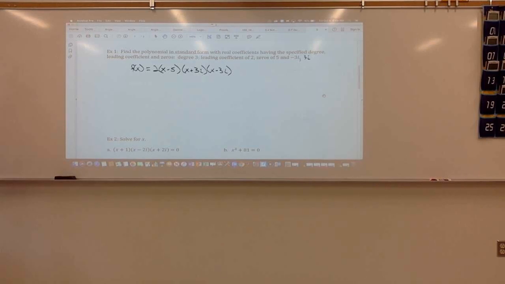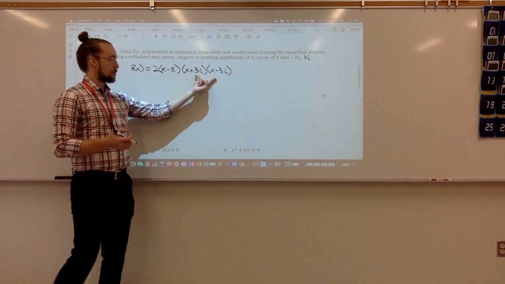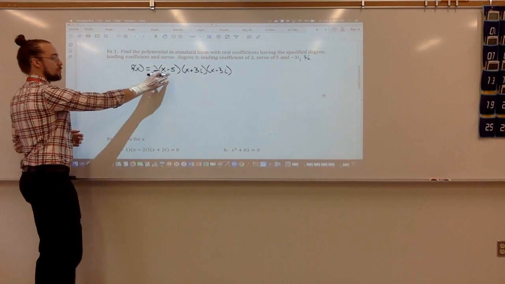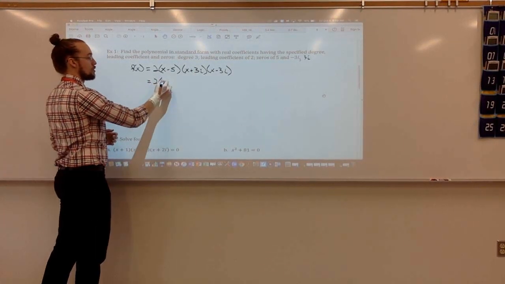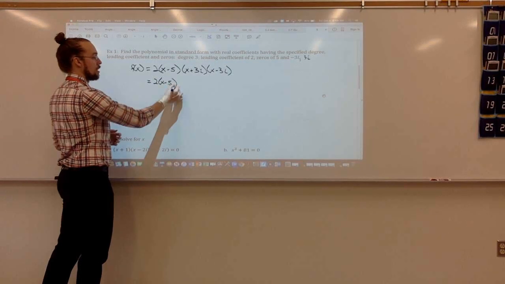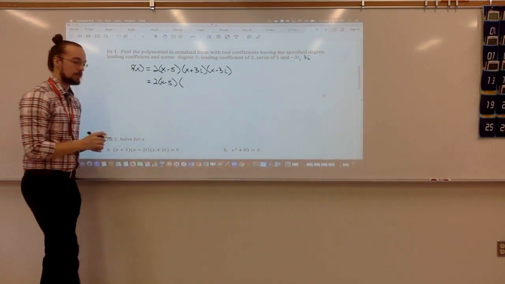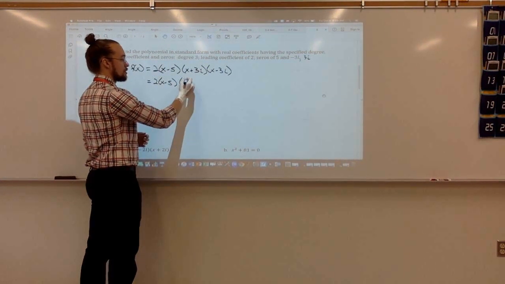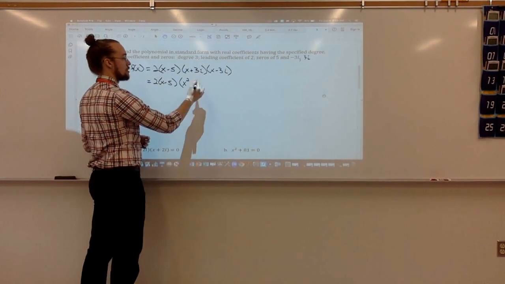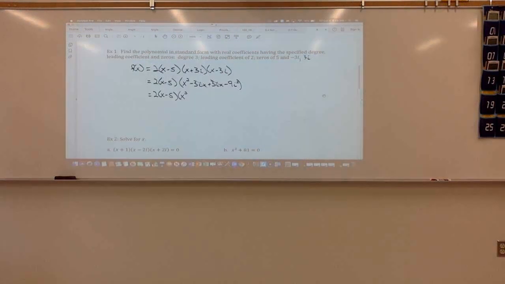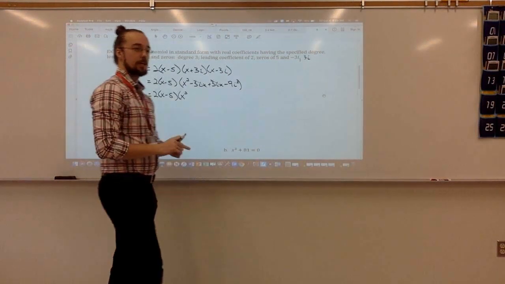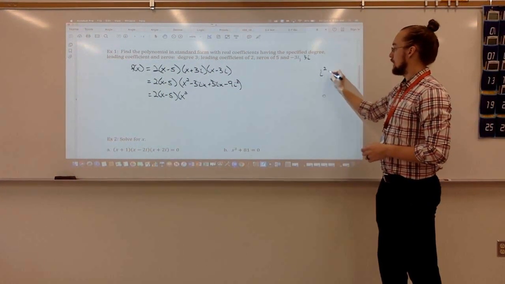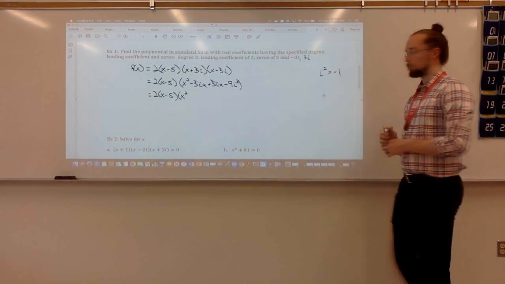Whenever we have imaginary zeros, it's probably a good idea to multiply those first. So I'm going to leave the 2 times x minus 5 out here, and then multiply these 2 together. We're just FOILing, right? x times x is x squared, and the last term has i squared. I squared is equal to negative 1, a key thing that we need to remember.